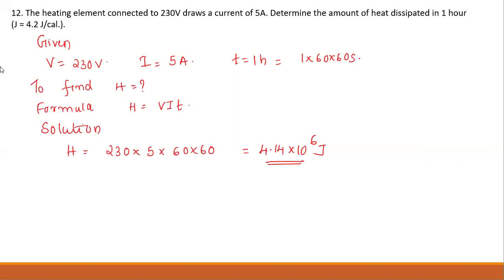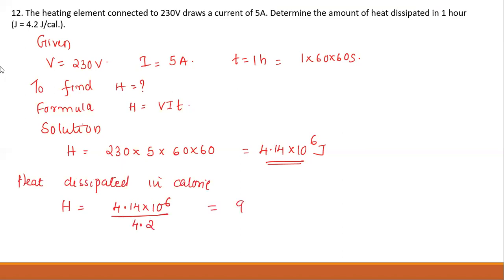We want to convert it into calorie. Heat dissipated in calorie, that is H is equal to 4.14 into 10 raised to 6 upon 4.2.